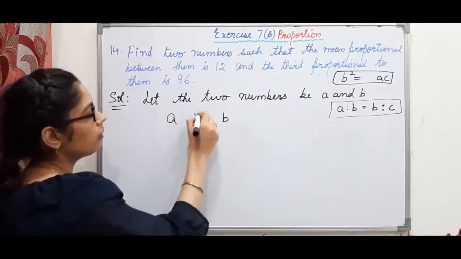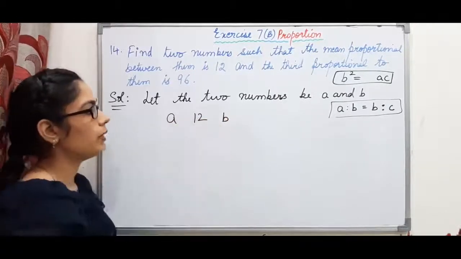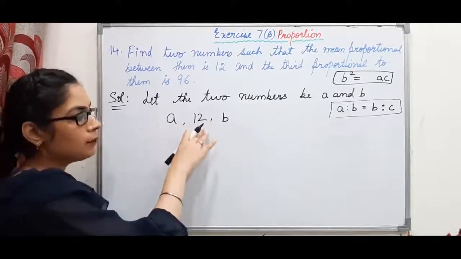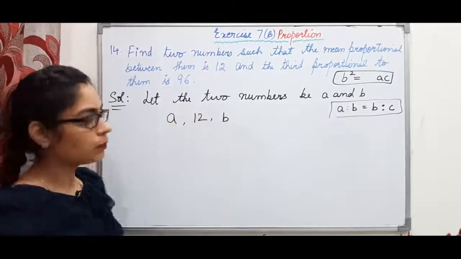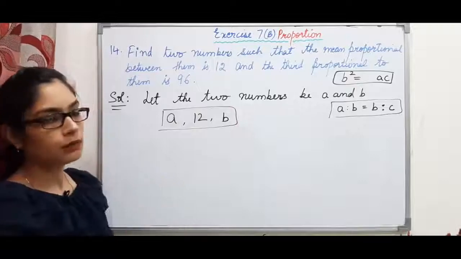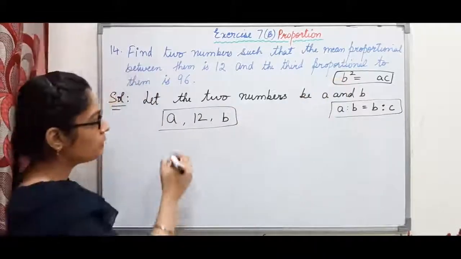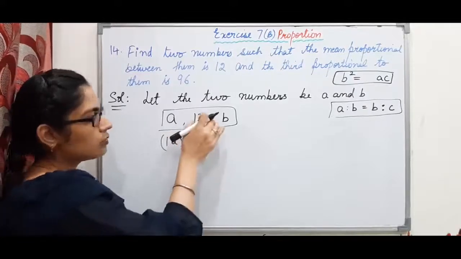If we write the mean proportional of a and b, it is 12. So the first proportional is a, the mean proportional is 12, and b is the third proportional in this case. Writing the mean proportional formula, b square equals ac, it will be 12 square, because this is the mean.